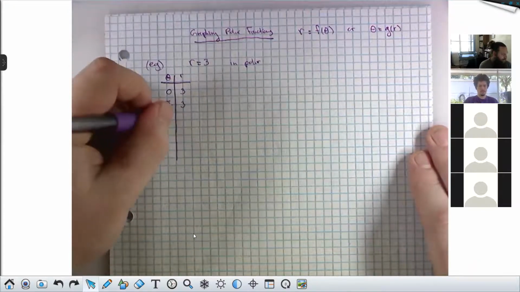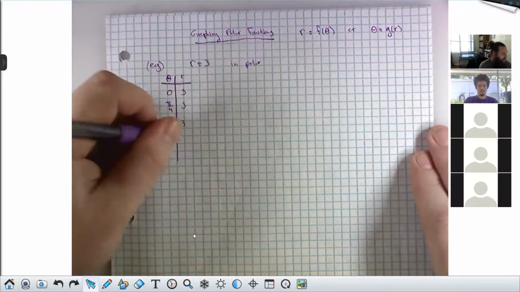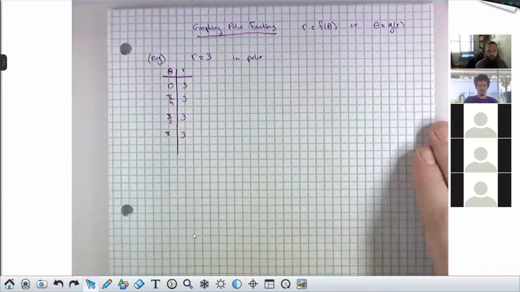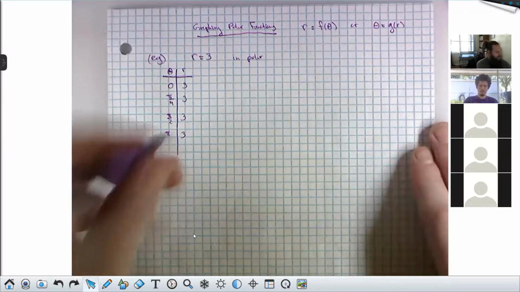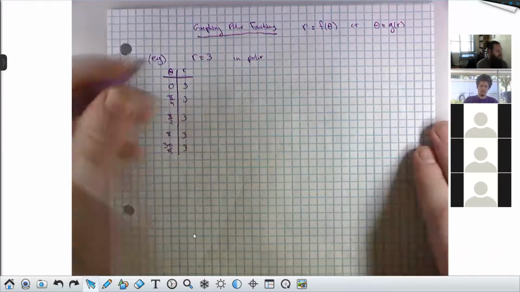If theta is pi over 2, then r is 3. If theta is pi, then r is 3. You get the idea. It's a constant function. So no matter what you plug in for theta, you always get 3 out for r. If theta was 3 pi over 4, r would still be 3, and so on, right?